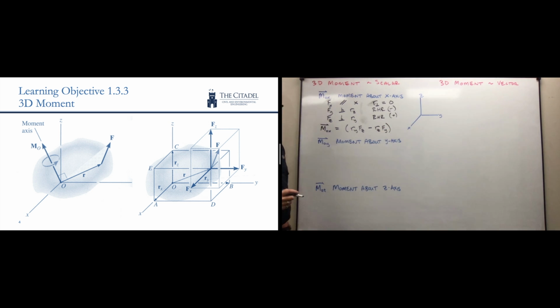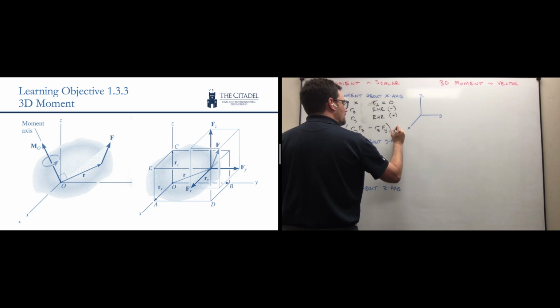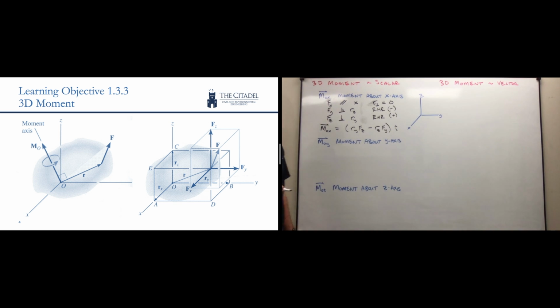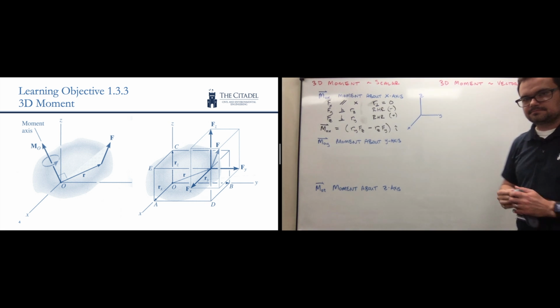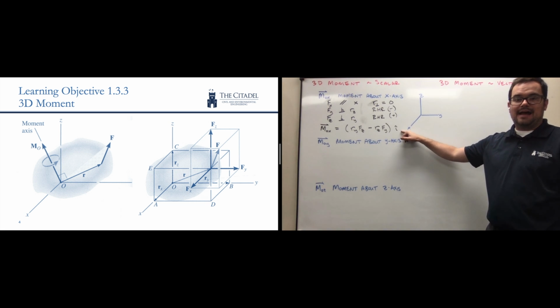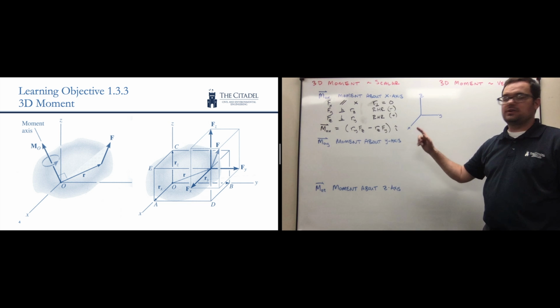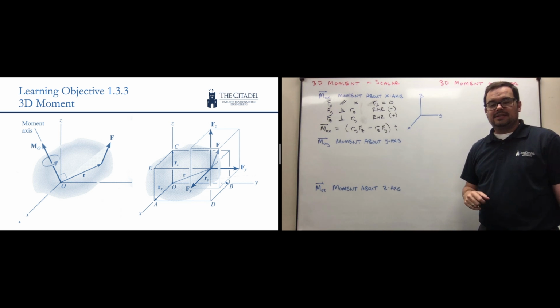And the reason I can just add these up is because they all point about the x-axis, or in the i direction. Okay, so far so good. I've calculated my moment, that tendency to cause rotation, about the x-axis.